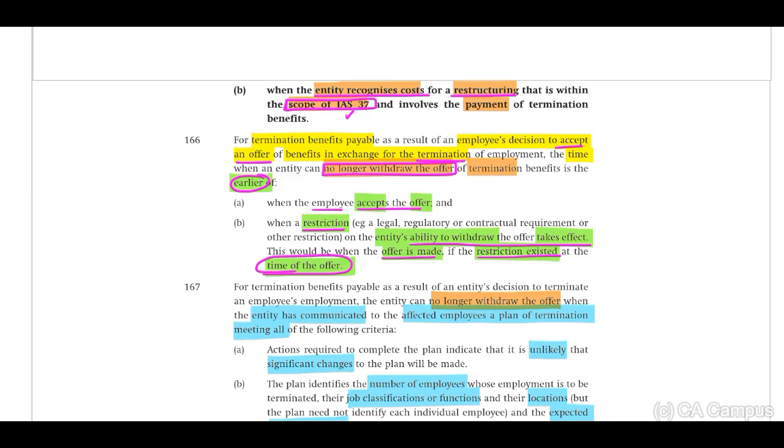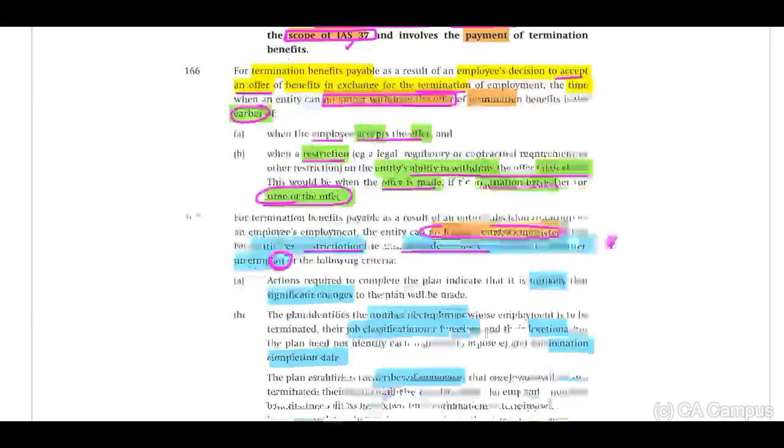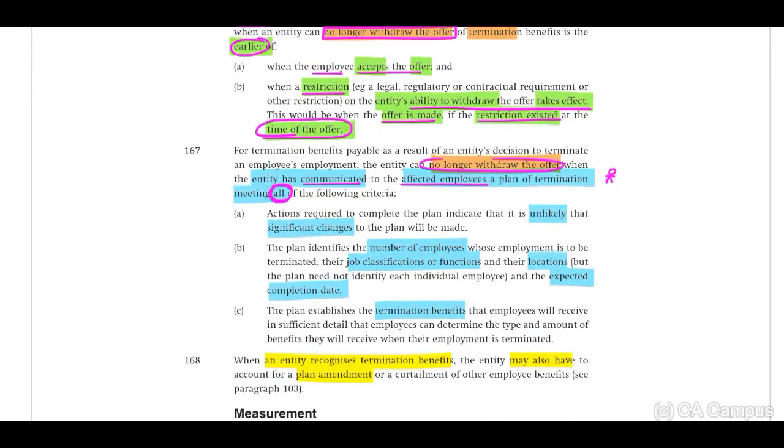Okay, now 167, no longer withdraw from the offer when the entity has communicated to the affected employees the plan of termination, meeting all of the following criteria. Actions required to complete the plan indicate that it is unlikely that significant changes will be made.